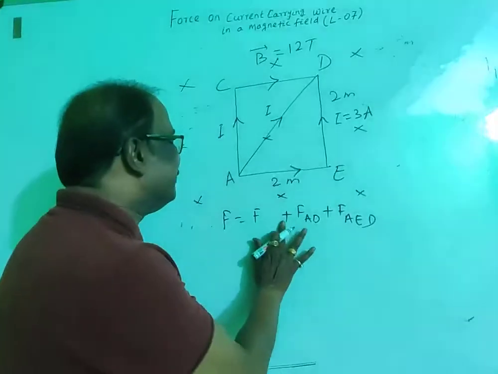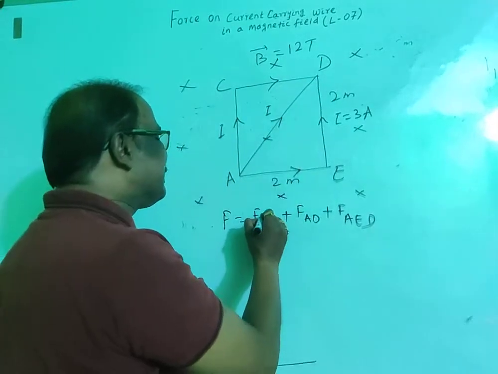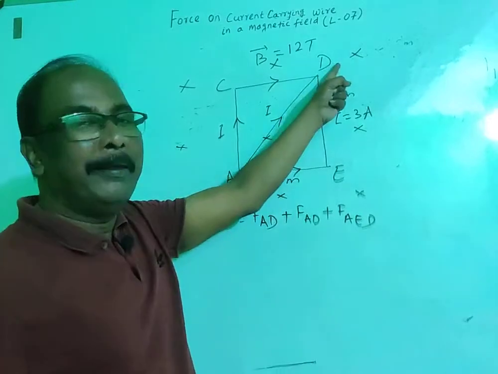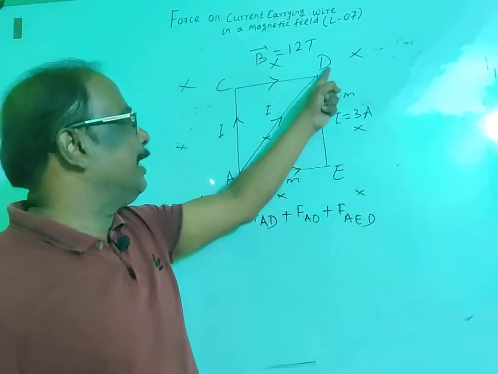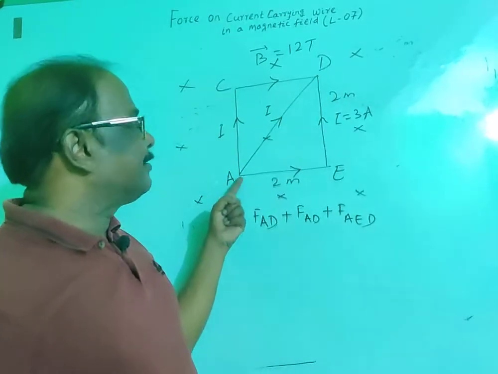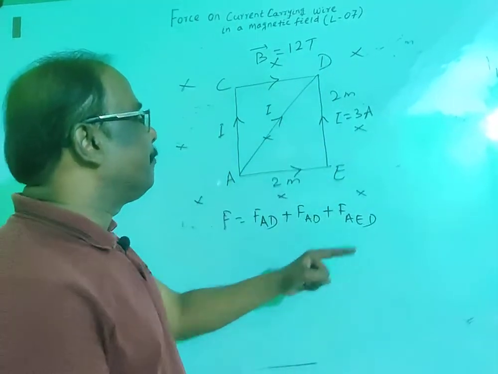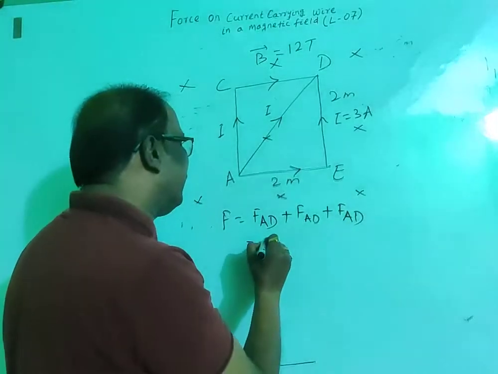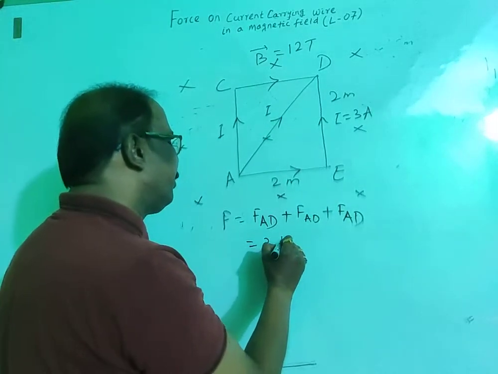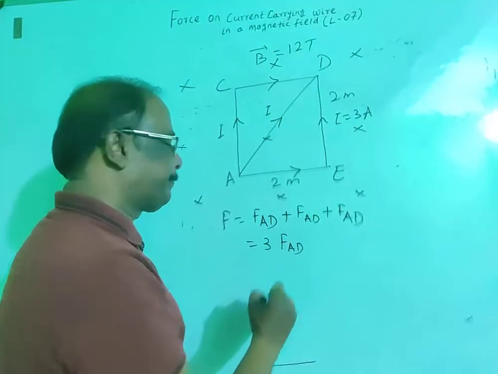So force on ACD is the same as force on AD. Similarly, for AED, this is initial, this is final, so force on AED is also force on AD. Then the final answer is 3 into force on AD.